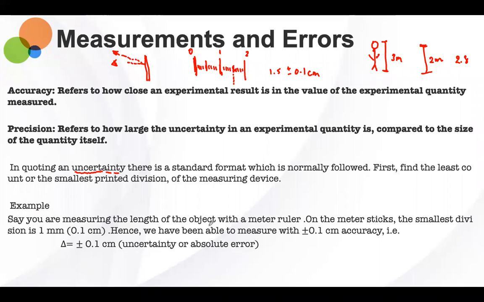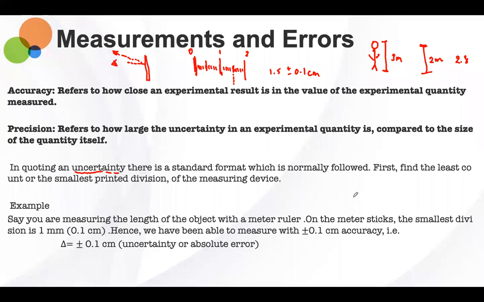So say you are measuring the length of the object with a meter ruler, and the smallest division is 1 millimeter, right? 0.1 centimeters. Hence, we have to be able to measure with plus or minus 0.1 centimeter accuracy. All right.